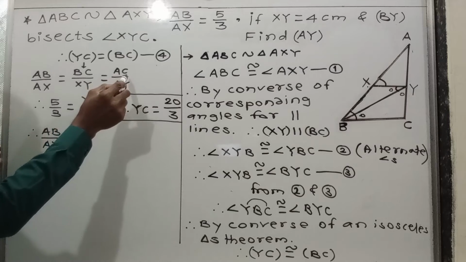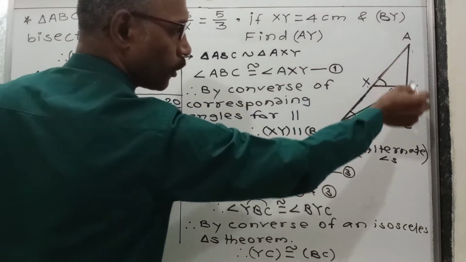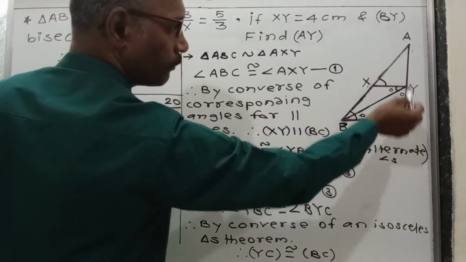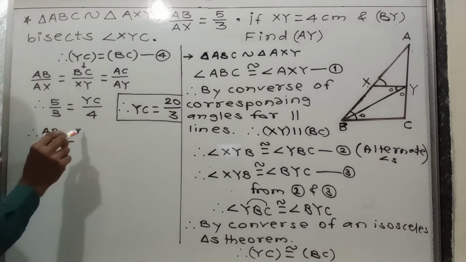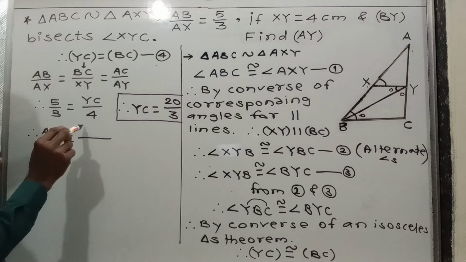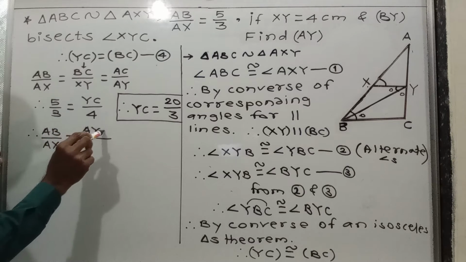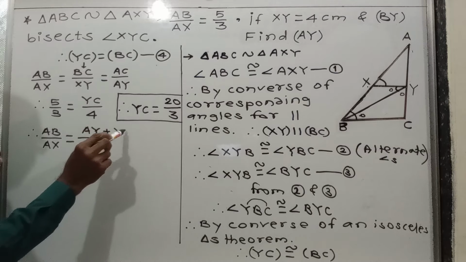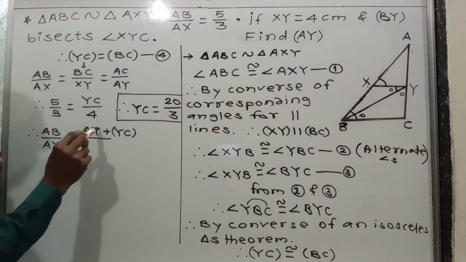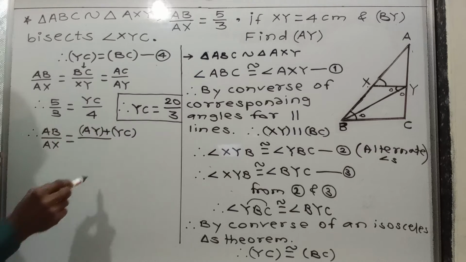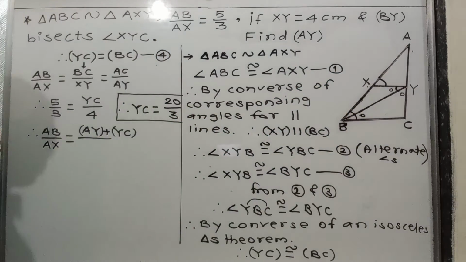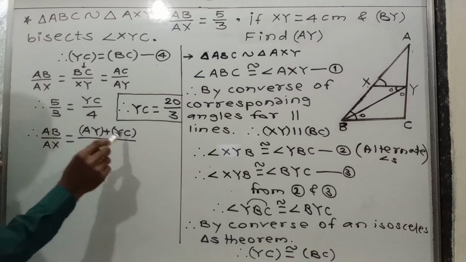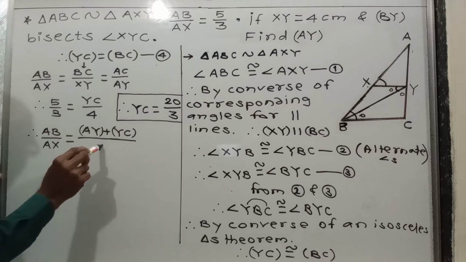Now this AC is made from AY plus YC. So AC is AY plus YC upon AY.